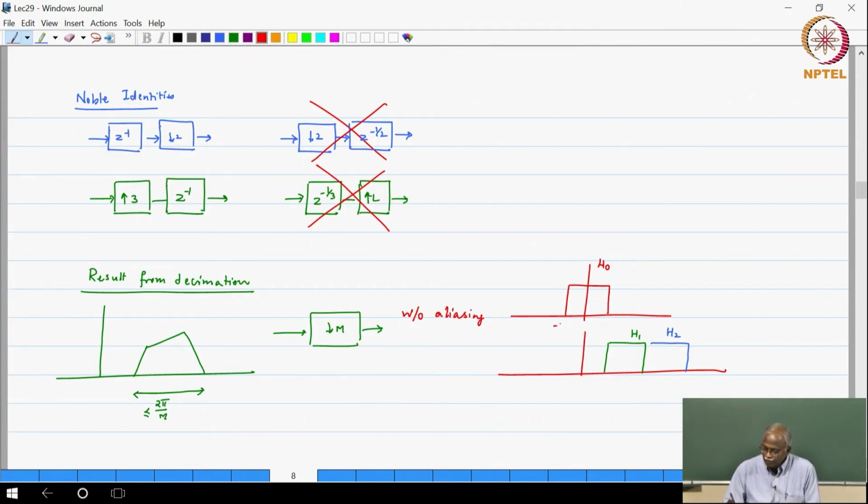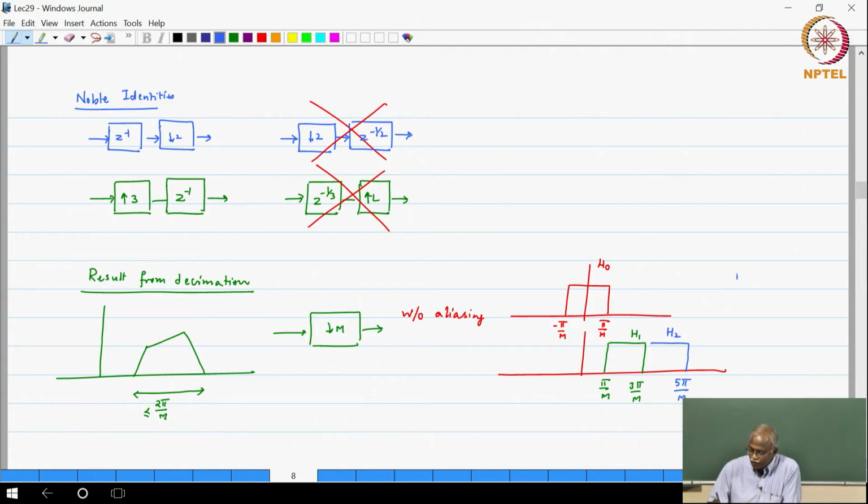So if this was minus pi over m to pi over m, the green filter would have pi over m to 3 pi over m. Notice that both of these will not cause any aliasing. Similarly, the blue filter also will not cause any aliasing when downsampled by a factor of m. Now, this was an advantage, and there is a particular name for filter banks where filters are derived in this fashion.